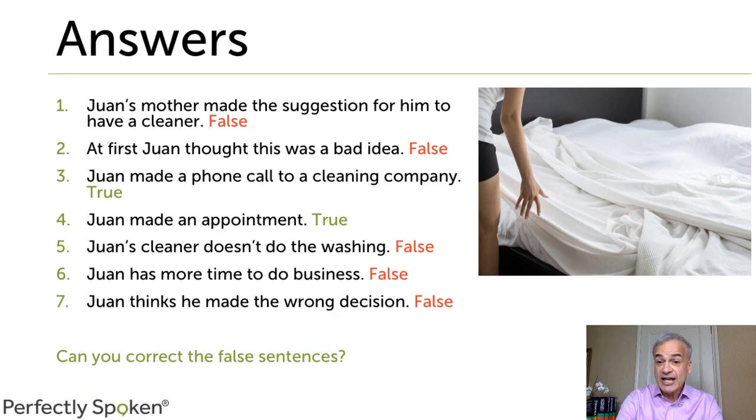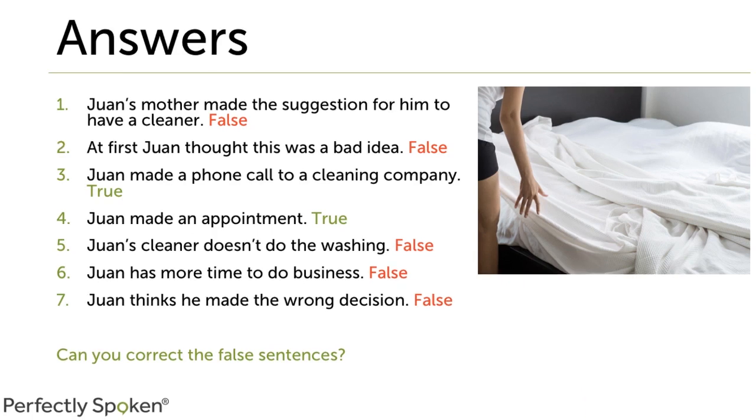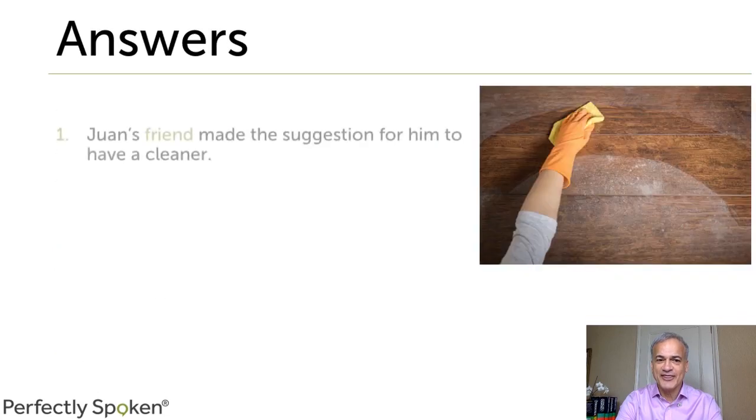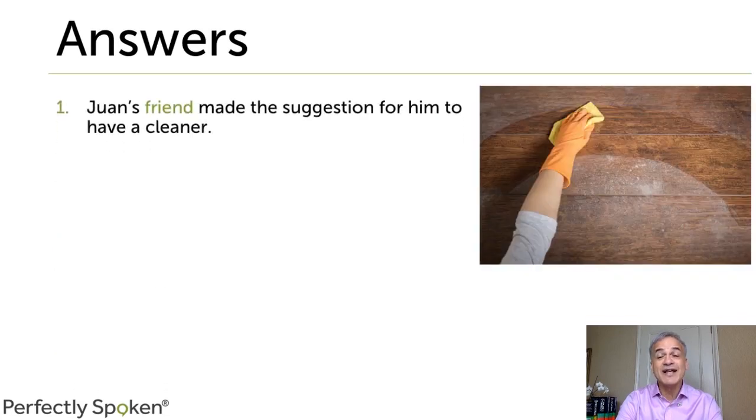So, can you correct the false sentences? Pause. So, Juan's mother made the suggestion for him to have a cleaner is false. The answer is Juan's friend made the suggestion for him to have a cleaner.